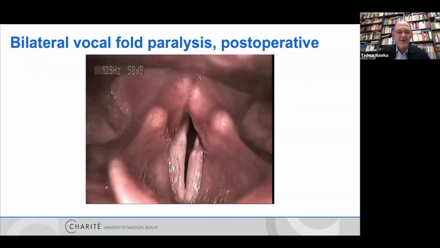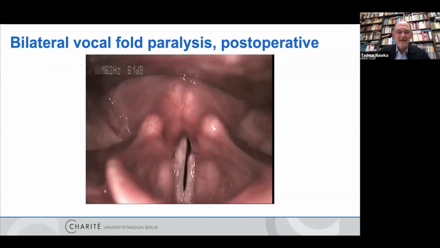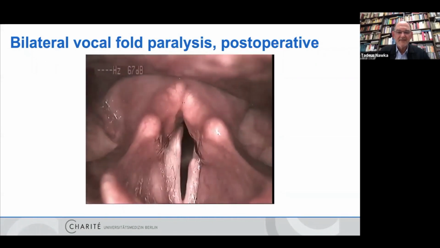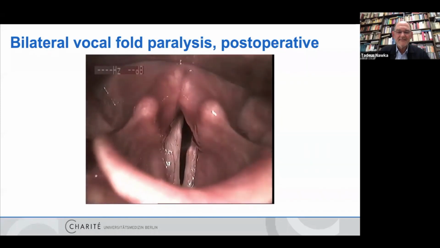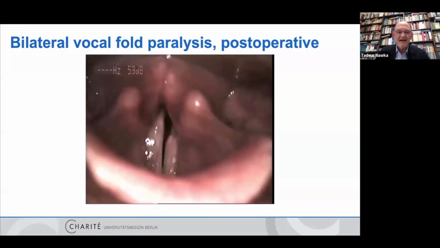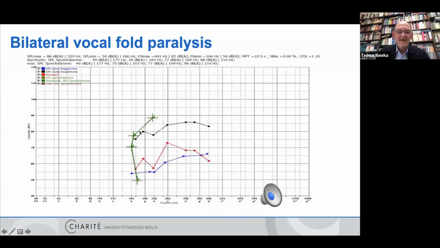And the patient can talk, but she cannot sing any longer because she lost some of her high notes. Anyway, she feels better with the voice, and I can show you also the voice range profile before surgery, and this is her voice before.